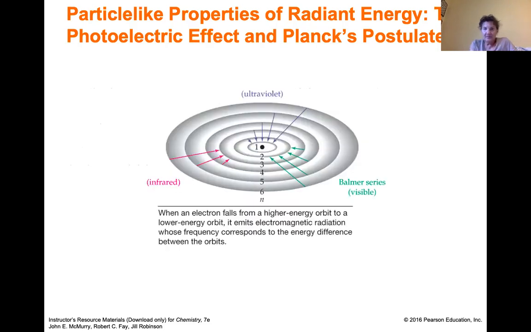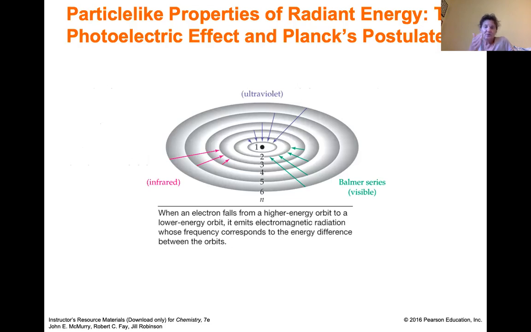And so it's like thinking of Bohr's model, which has been found not to be correct, but it was the first model, essentially looks like this picture where you have the nucleus, that black dot in the middle, and then you have different places that the electron can orbit, different distances. And if the atom absorbs light, it can jump from one of those orbits to a higher energy orbit.